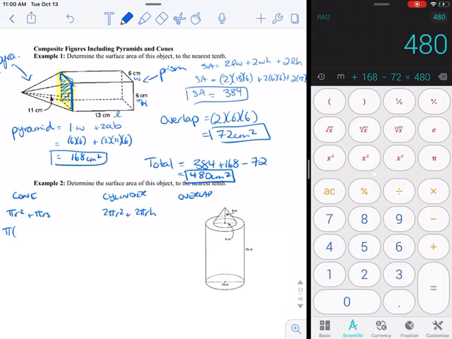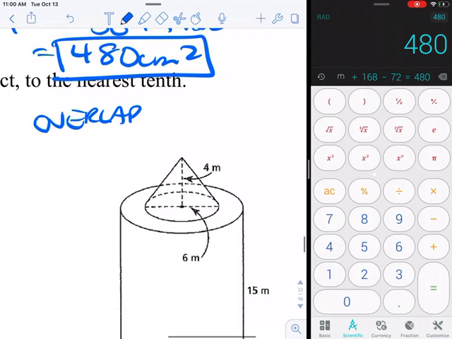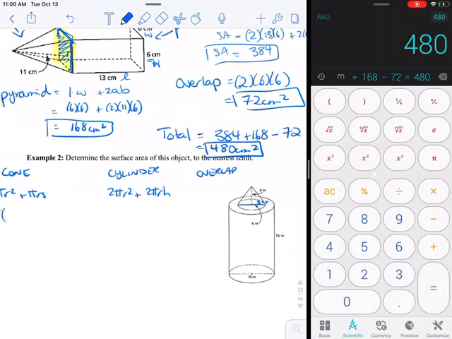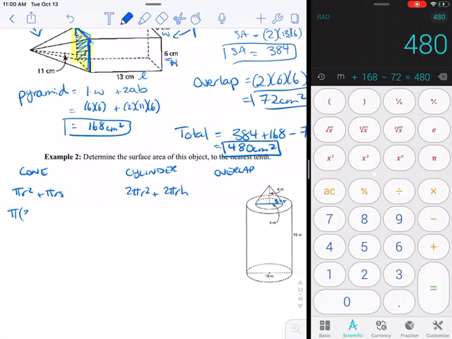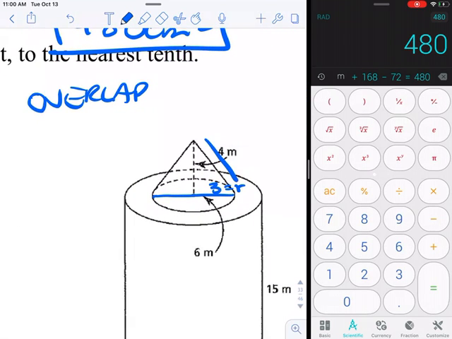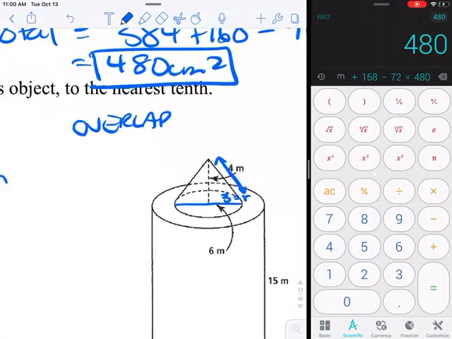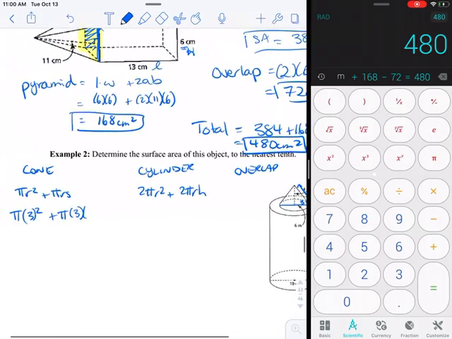So pi times the radius of the cone. If you look here, the entire diameter of the cone is 6, which means the radius is 3. And we do need to figure out the slant height. We need to figure out this slant height, which means we're going to have to use the Pythagorean theorem.